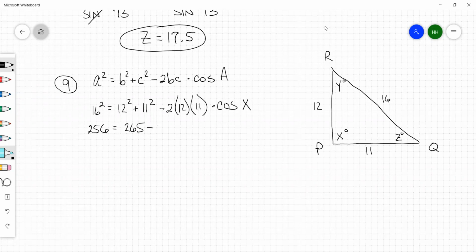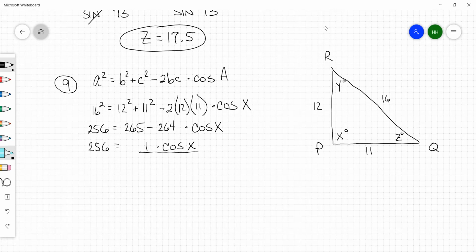That's 264. Times cosine of x. So now our 256 is equal to, what's 265 minus 264? 1 times cosine of x.